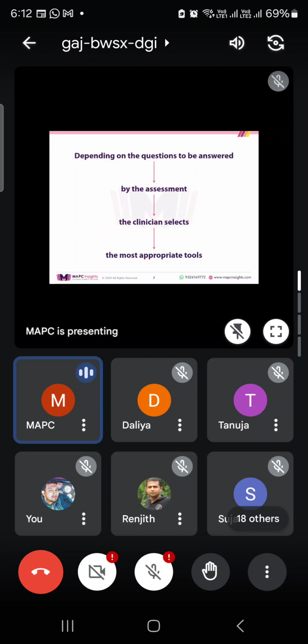When we visit the doctor, n number of medicines are available, but the doctor will give you the proper medicine. In the same way, the clinical psychologist needs to select the most appropriate tool so that the question will be answered.